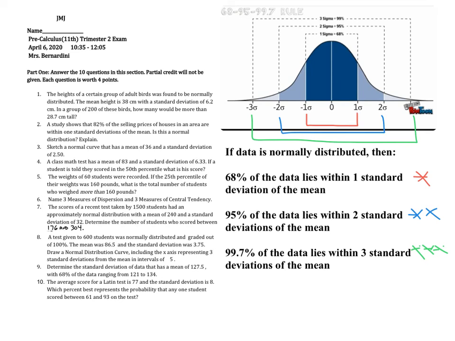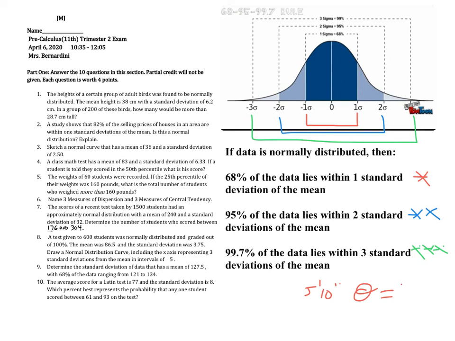So basically, if data is normally distributed, and certain data sets are, for example, the heights of adult men in America, the average adult male is about 5'10". And we know this because of data, science, doctor's appointments where people's heights are measured. And we can calculate that the standard deviation for the data is about 3 inches.